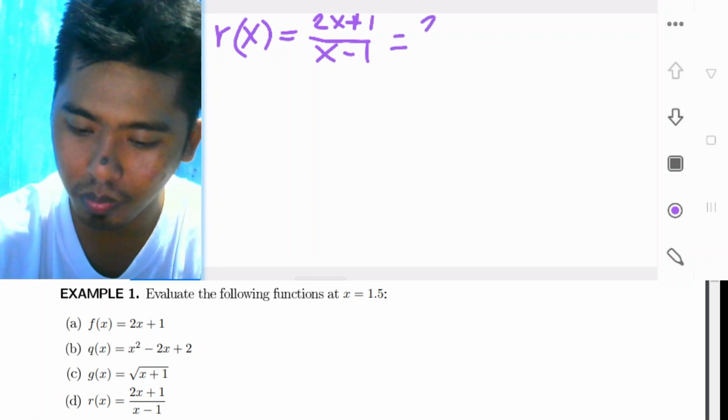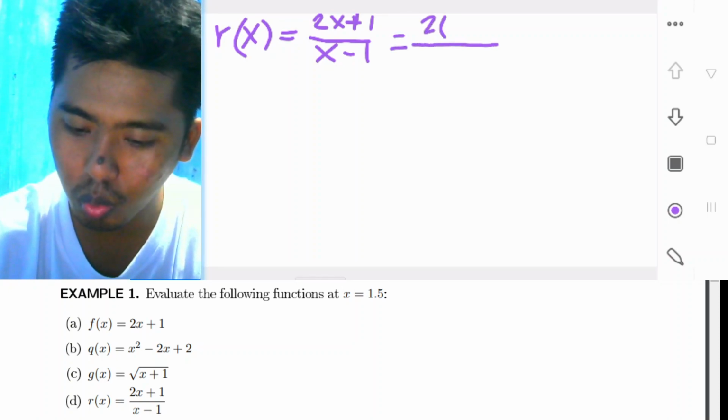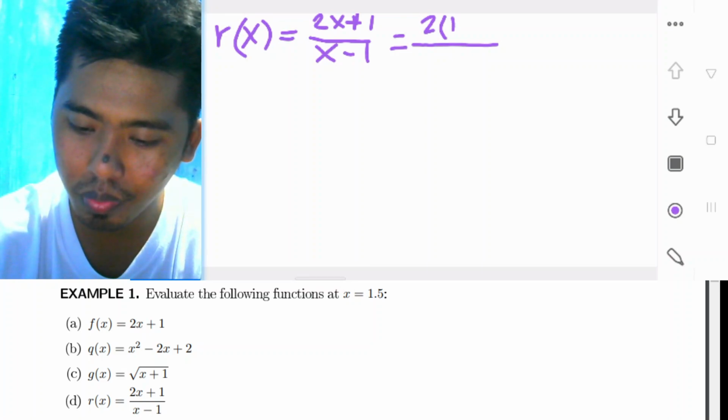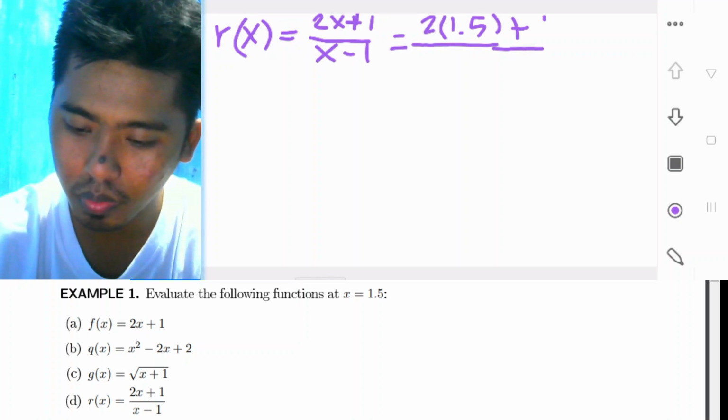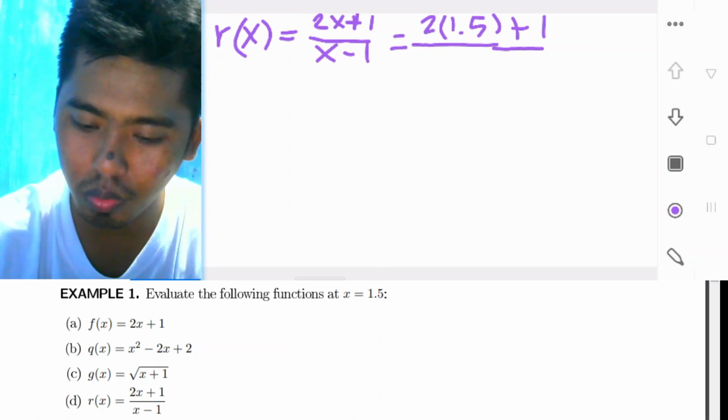This will become 2 times 1.5 plus 1, all over 1.5 minus 1.